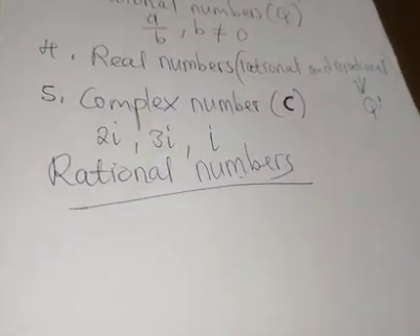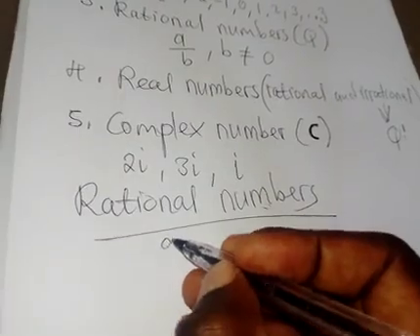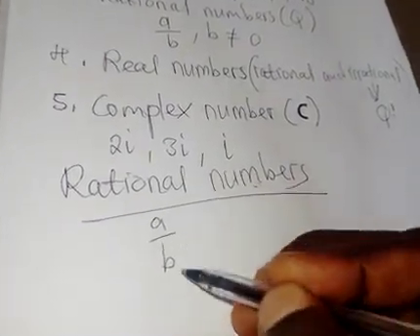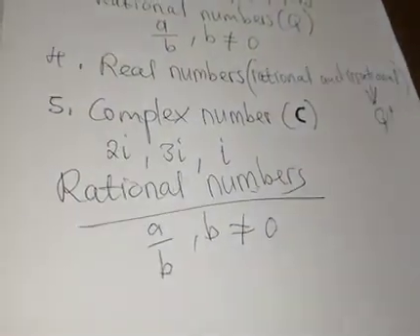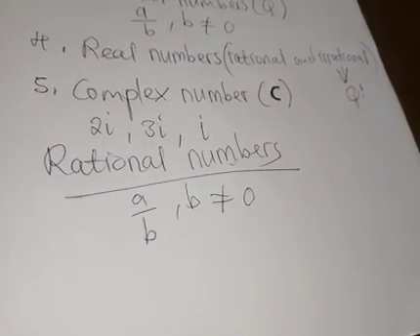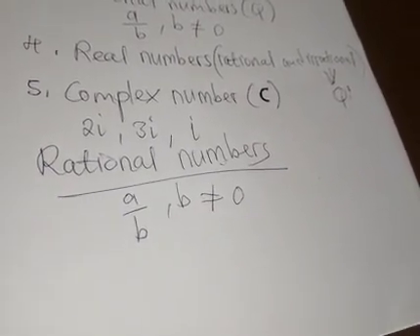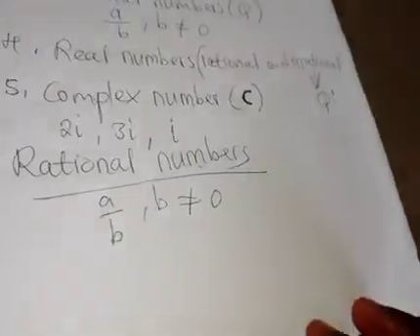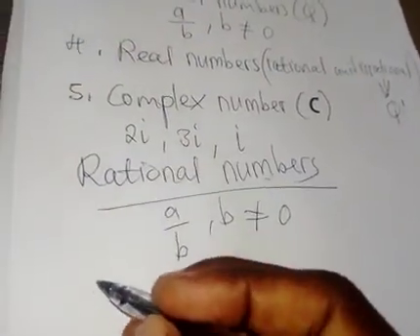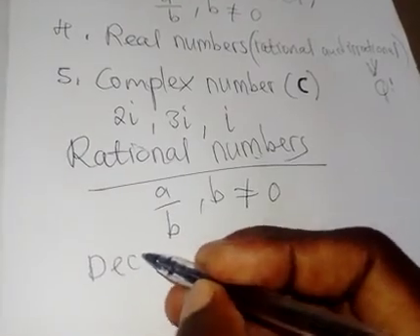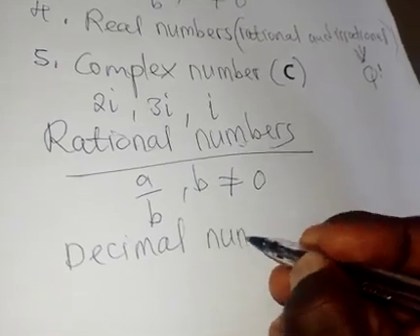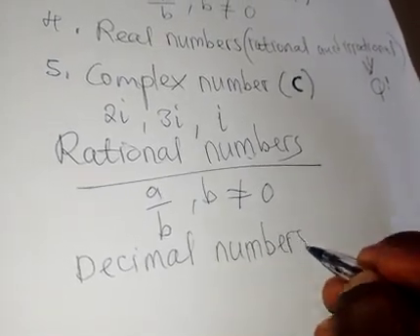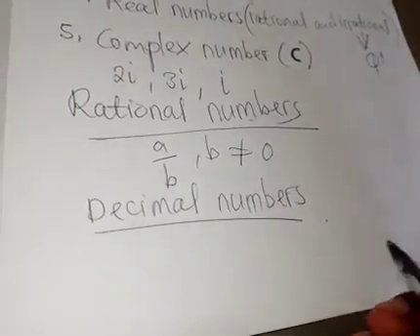We have already said they can be written in the form a over b, where a and b are integers and b shouldn't be equal to 0. Before we go any further, let's understand decimal numbers.